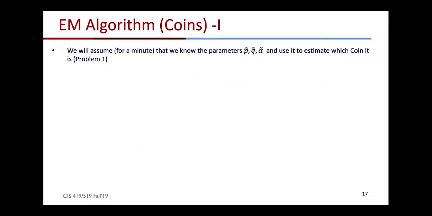Okay, so let's just do this formally. So we are assuming for a minute that we know the parameters. The parameters are p hat, q hat, and alpha hat. And we're going to first use it to label the data. Basically, what does it mean to label the data? We're using it to decide for a given data point which coin it came from.